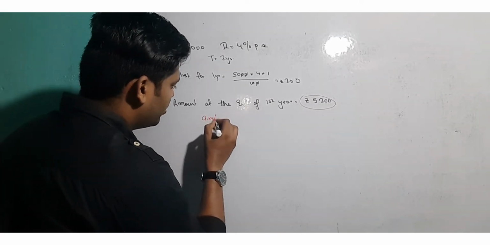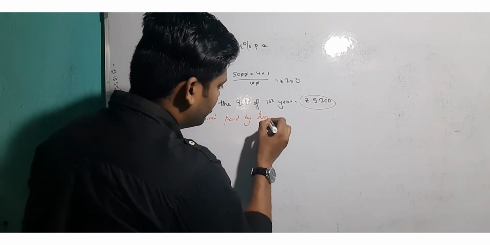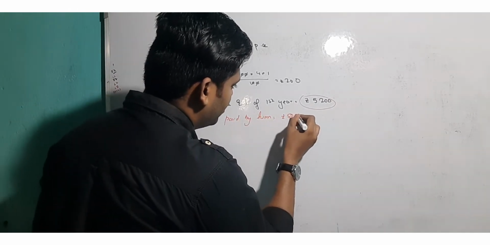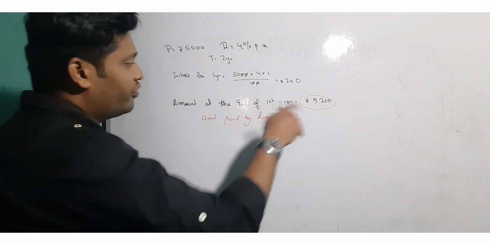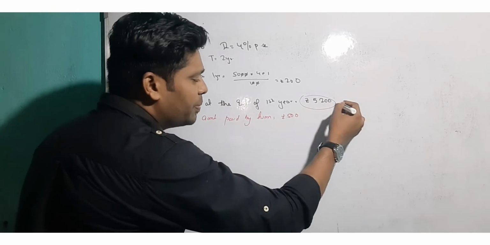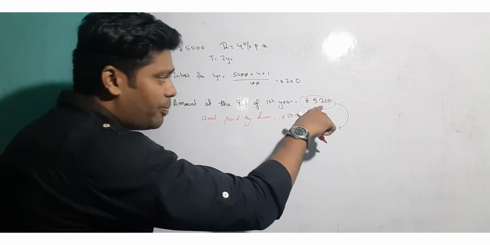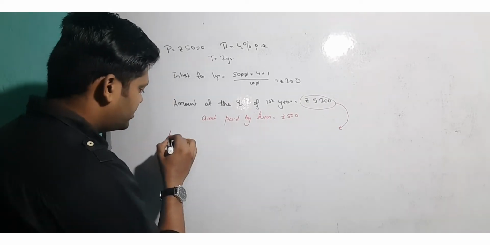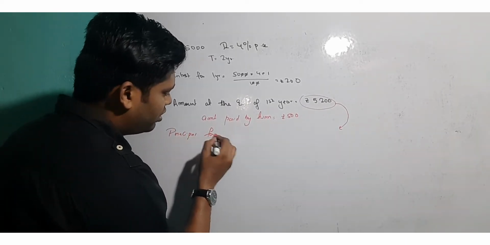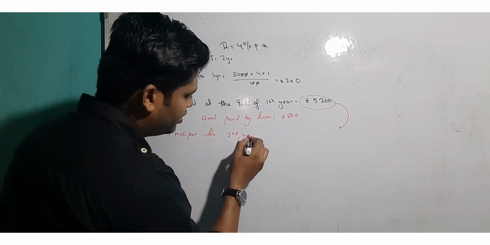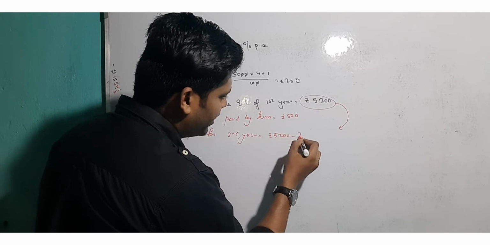So now he has paid how much? Amount paid by him: rupees 500. Now what is the principal? If he had not paid, this would be the principal next year, compound interest. But he has paid 500. So the principal for second year is rupees 5200 minus rupees 500.